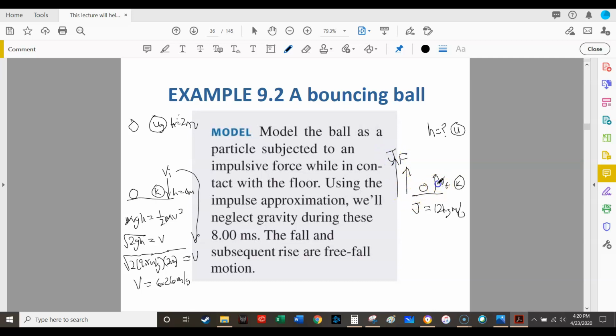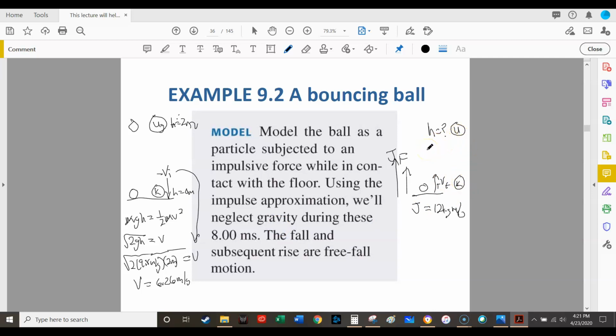And that's going to cause it to have a velocity upwards, right? The initial velocity would have been downwards, right? Anyways, it's going to have a final velocity, and that final velocity is going to then be a kinetic energy, which is then going to turn into a potential energy.